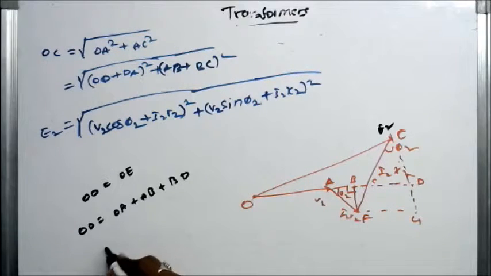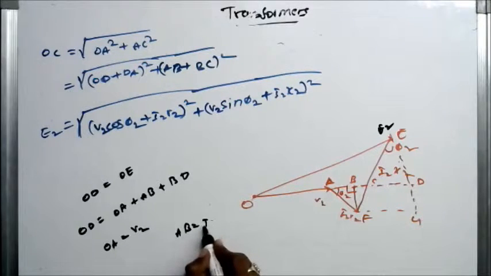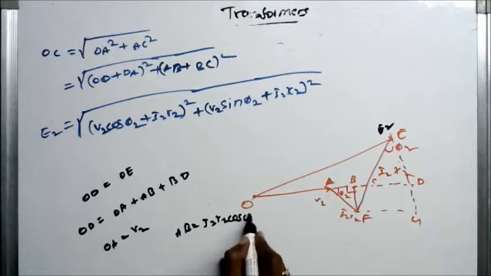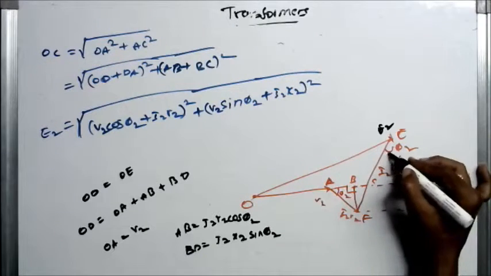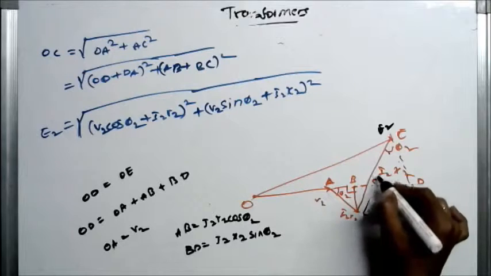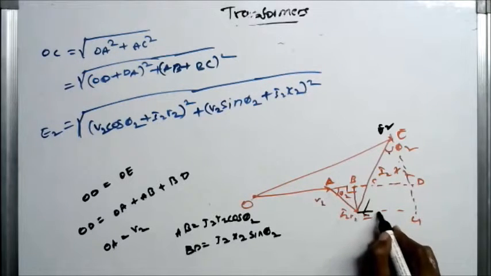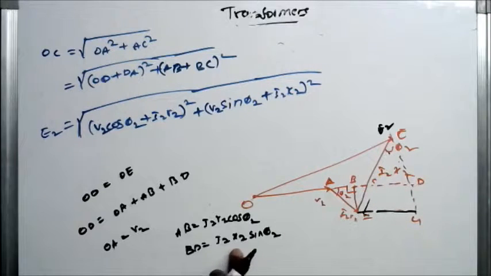Here OA is equal to V2, is it? Now AB is equal to I2 R2 cos phi 2. Now BD is equal to I2 X2 sin phi 2. This is the opposite side for this angle, this triangle. So that's why we have I2 X2 sin phi 2.